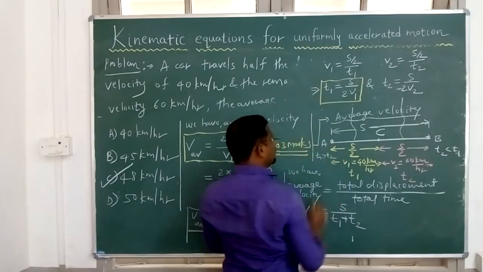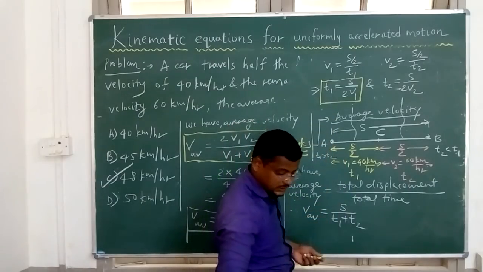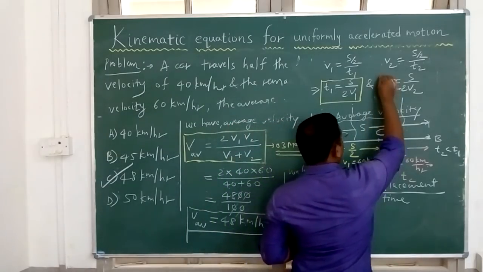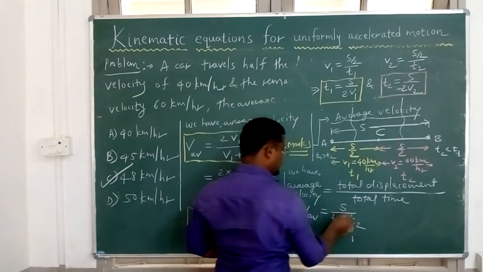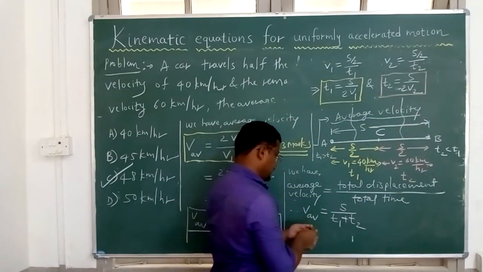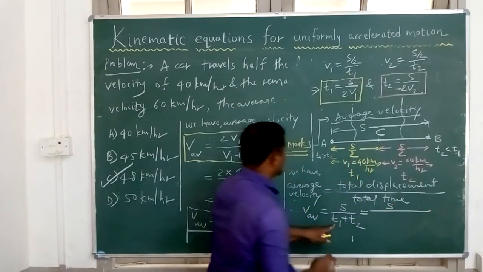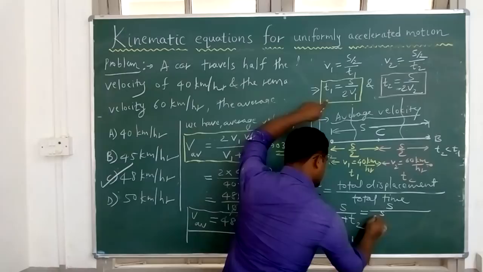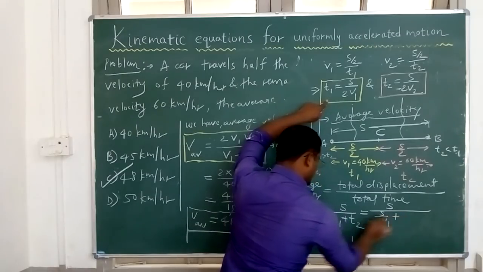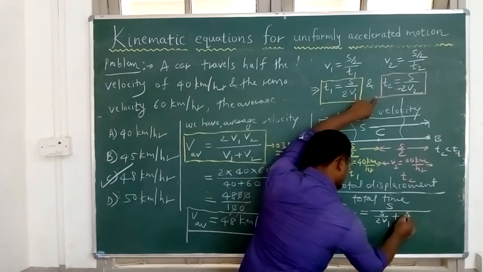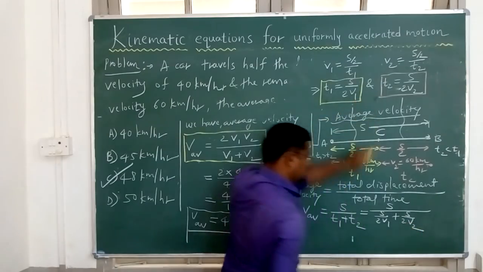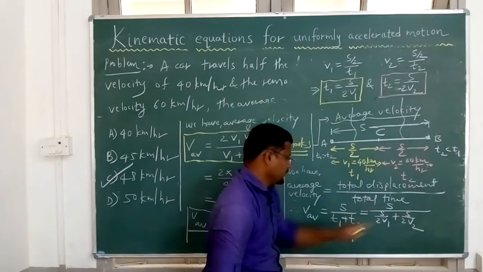This will give me the value of T1, and this other will give me the value of T2. Now I can substitute here. S as it is I will keep divided by T1. What is T1 here? S divided by 2 times V1, plus what is T2 here? It is S divided by 2 times V2. Yes, I can take common from this denominator.